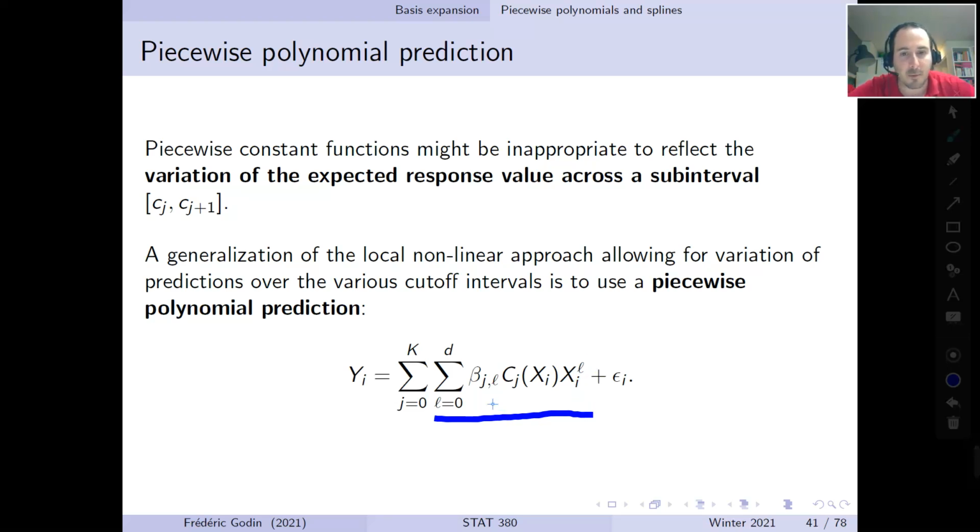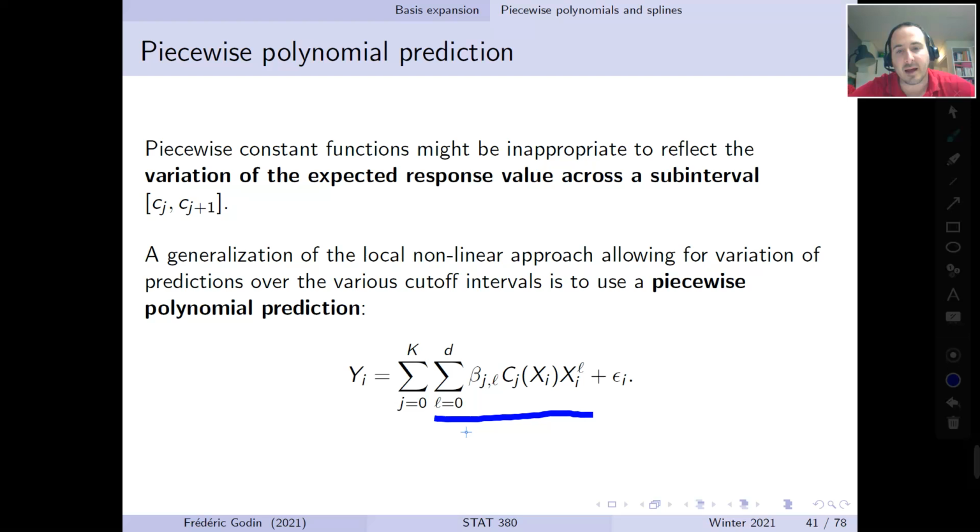Okay, so for example, Bj0 is the kind of level. Bj1 would be the first order coefficient for the polynomial. Bj2 would be the second order coefficient for the polynomial for subinterval j.